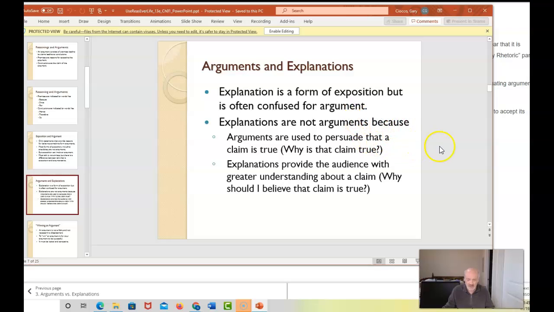Explanations versus arguments in one of the better examples. Ways to think of this, if it helps, is that arguments are attempting to persuade us that a claim is true, and explanations are just trying to tell us that a claim is true.